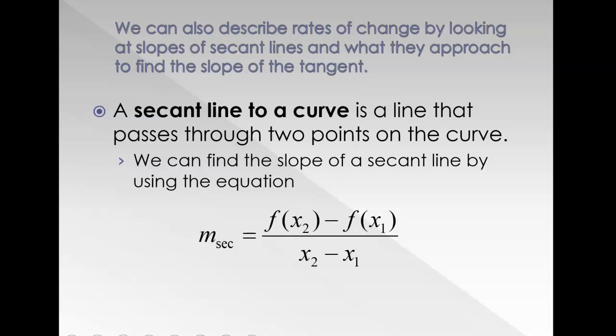Sometimes we cannot find particular points. So what we do is describe the rates of change by looking at slopes of secant lines.